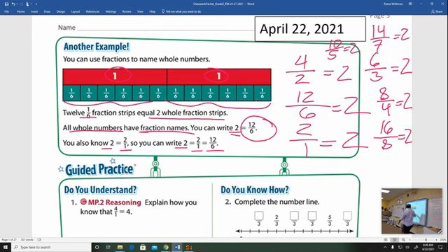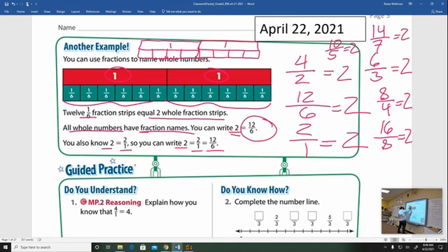And if you were to draw them out, like let's draw out this one here, 4 over 2. Let's draw fraction strips and see what happens. You've got 2 1-wholes. And now we're going to draw the same thing underneath. But this time we're going to divide them into 4s.